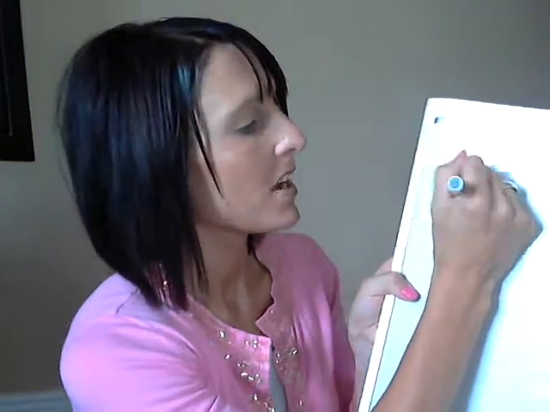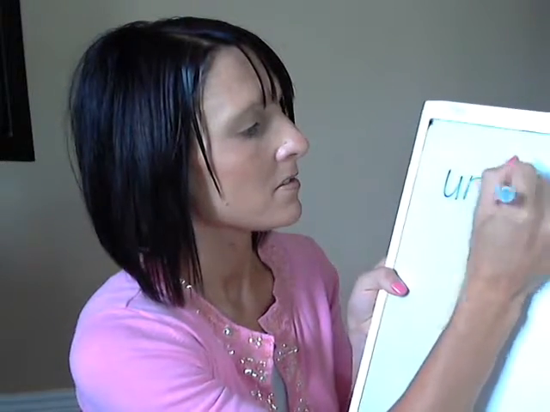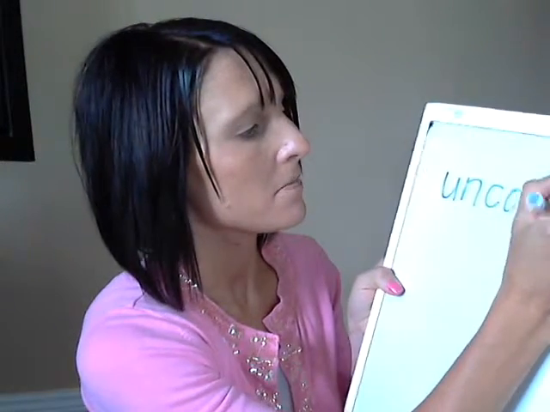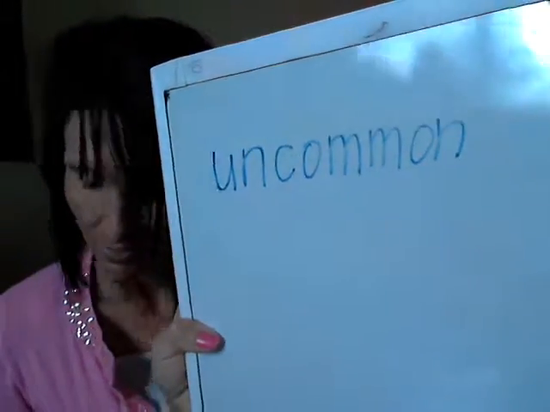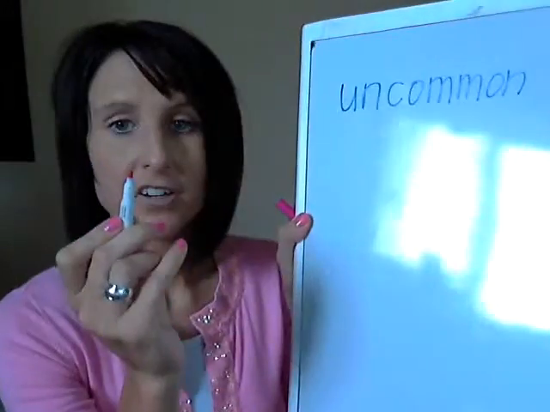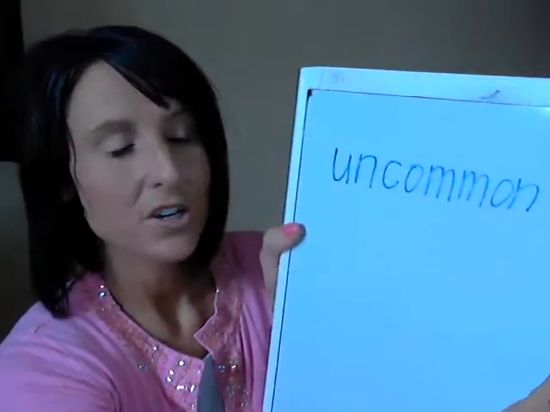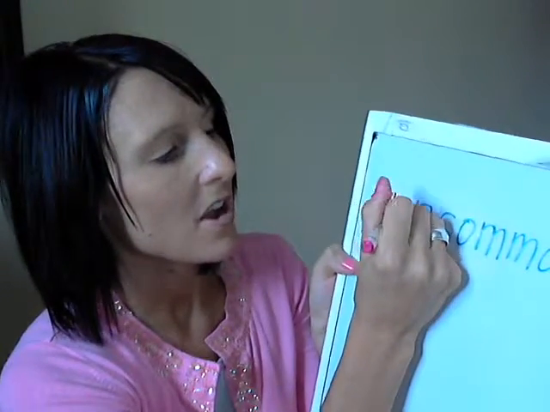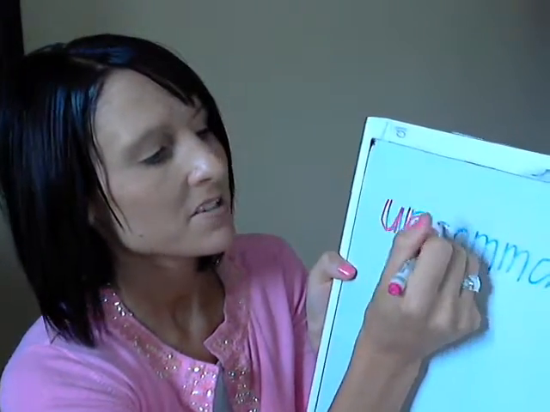So I would write the word uncommon with one color. By the way, this is called rainbow spelling.